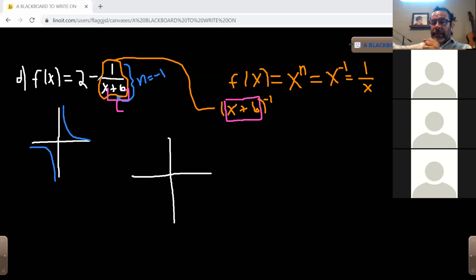Whatever is outside of the power or the power function, that's when we go up or down. So in this case, the +6 is going to be a shift to the left, okay? So in this case, we're going to have first off a -6 here. And so whenever we're dealing with these sorts of functions, it's important because we've got an asymptote to kind of identify the new reference.